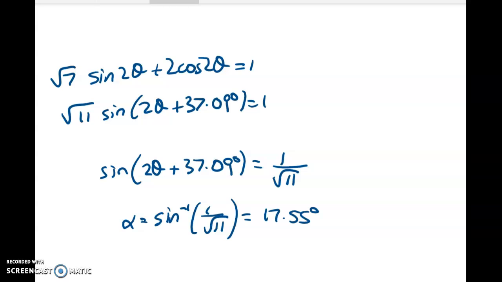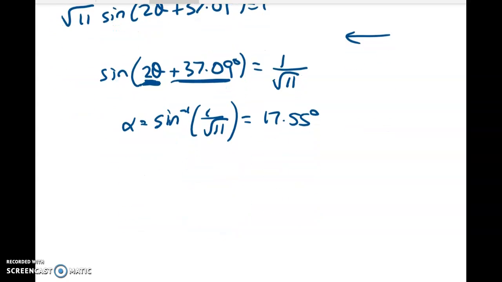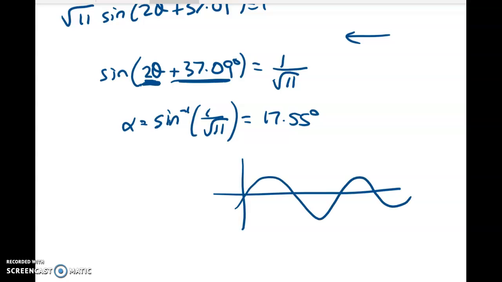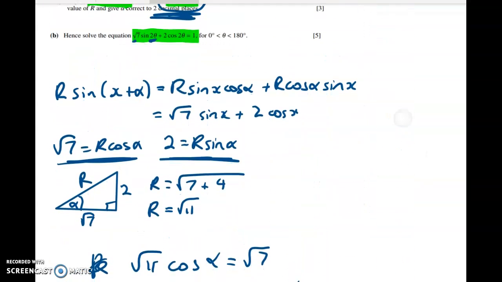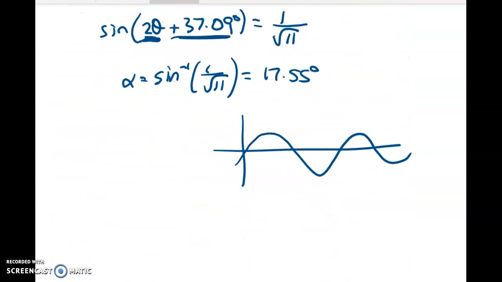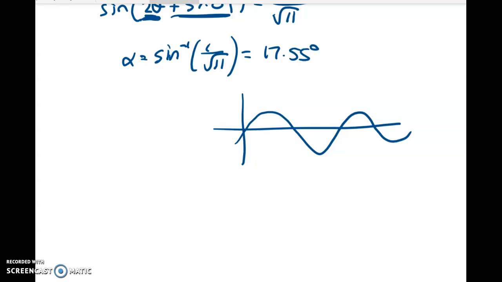Now I'm looking at this and I'm going, look, this is a double angle, and then I've got a horizontal shift back that way a bit. So I think this is one where I will do general solutions. Often with these, as you know, I will just do them using the graph and symmetry. But we've got to be careful here because we want to end up with all of the solutions between 0 and 180 degrees, but we don't want any extra ones popping up, and we don't want to miss any out.